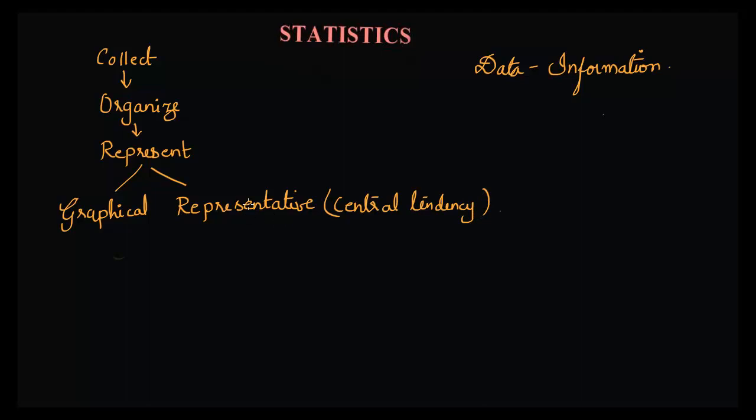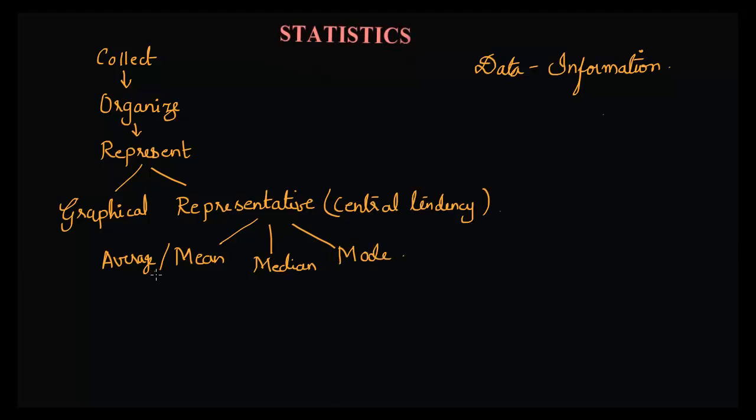Now, there are many methods through which we can find the central tendency, right? So we have mean. Mean is also called average. Then we have median. Then we have mode.